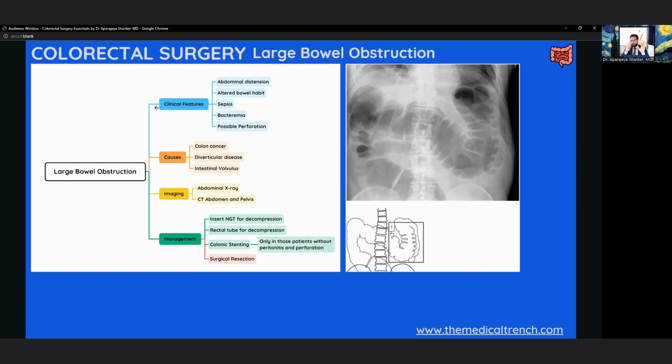Okay. Now, clinically, a patient with this disease is going to come to you with abdominal distension, altered bowel habit, maybe constipation, right? Or the stools are going to be of lower caliber, right? They may have sepsis, bacteremia, and possible perforation. Now, let's imagine it this way.